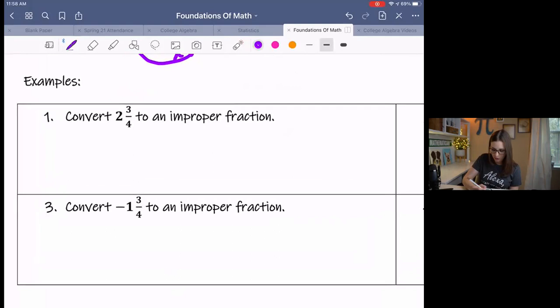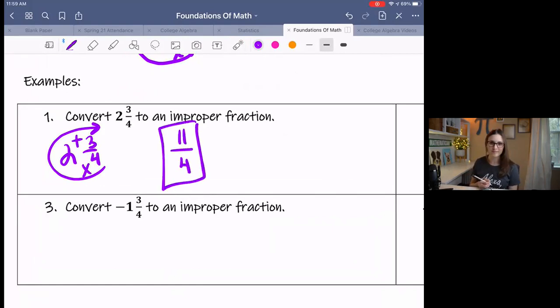So we have an example here, 2 3/4. We're going to do this little C. So we do 4 times 2 plus 3 gives us 11 over our denominator. And then if we were to draw a picture of that, I know I'm going to need 3 circles.